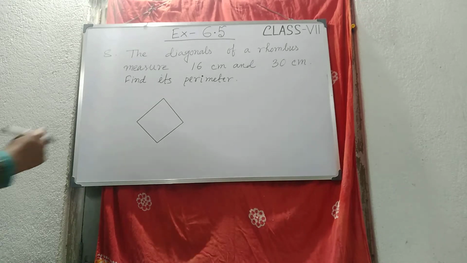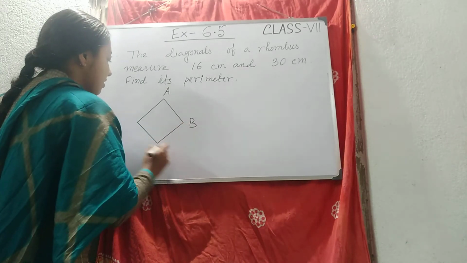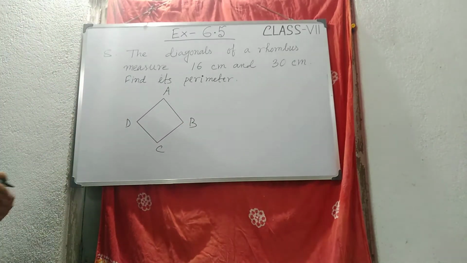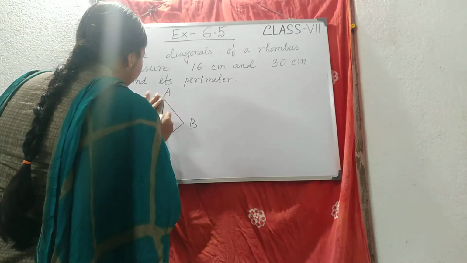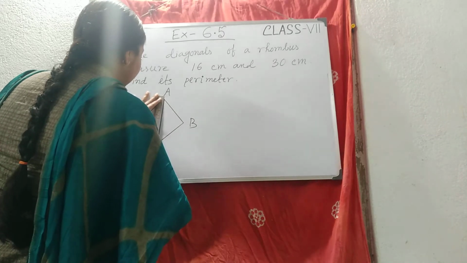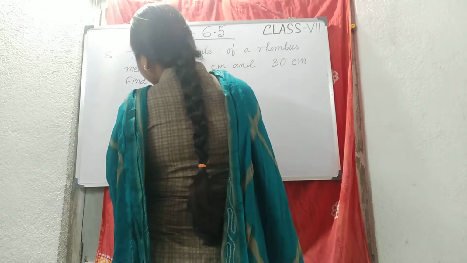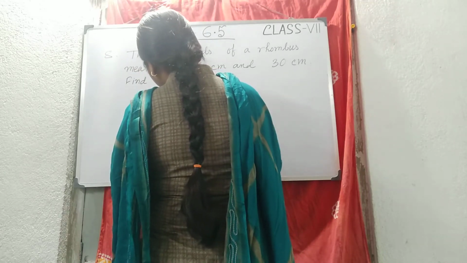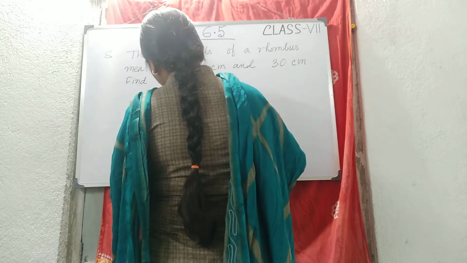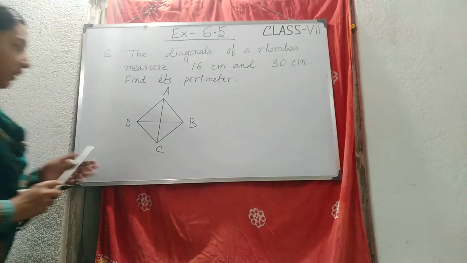So suppose this is a rhombus ABCD, okay, and its two diagonals are given. One is AC and the other is BD. So the lengths of AC and BD are given.